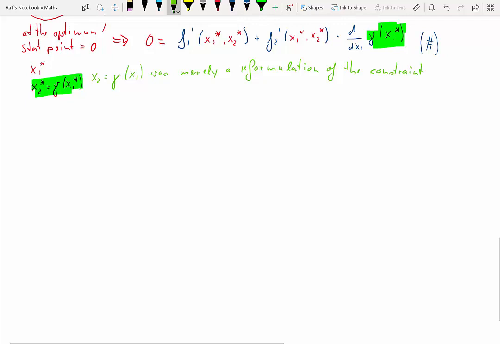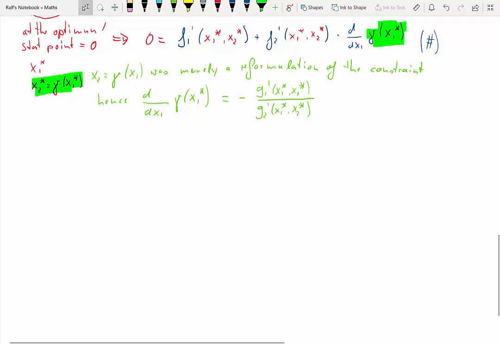And that's the one which we had imposed into the function f to ensure that what we find is the maximum value of the function f as long as we are sitting exactly on the constraint. So therefore, when we are looking at d gamma x1 asterisk over dx1, what that really is, is the slope of the constraint at our constraint optimum.